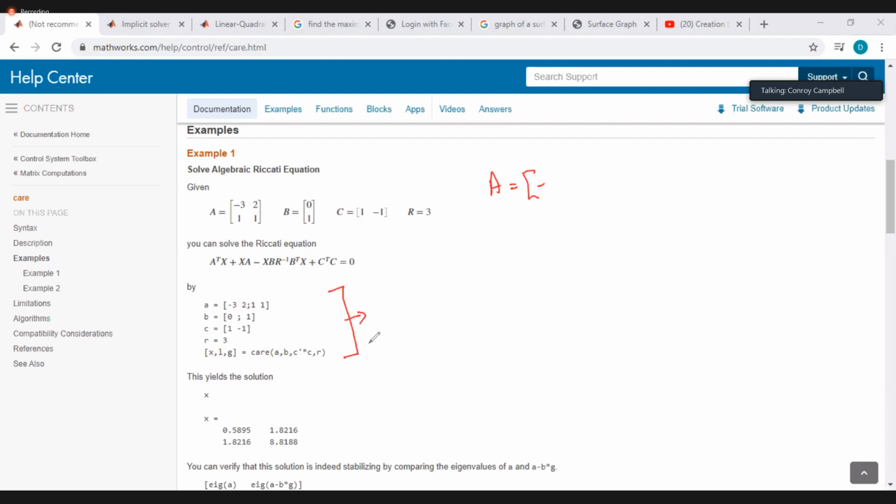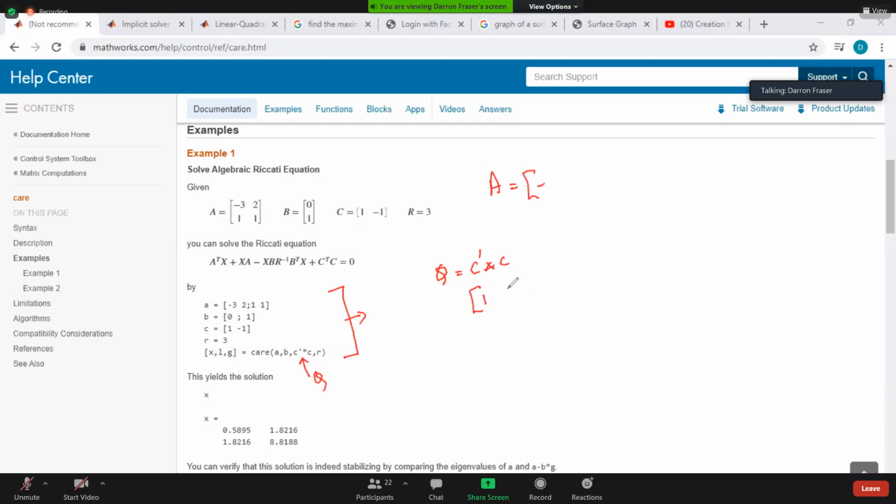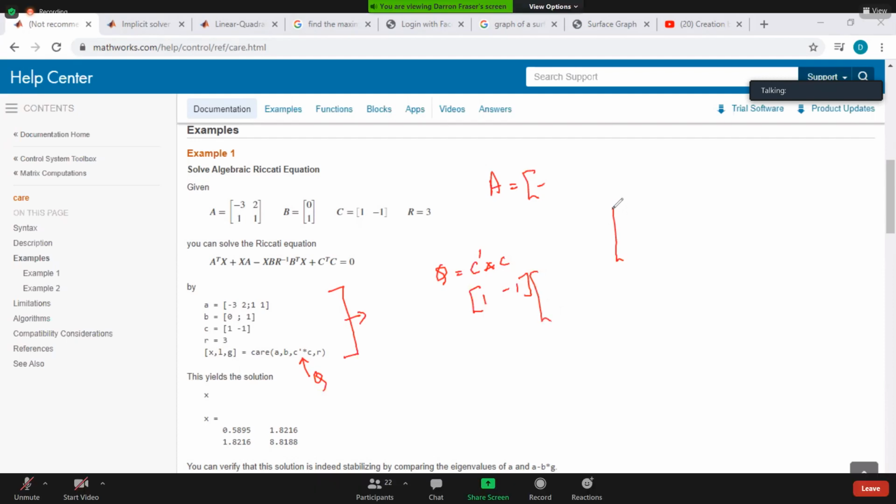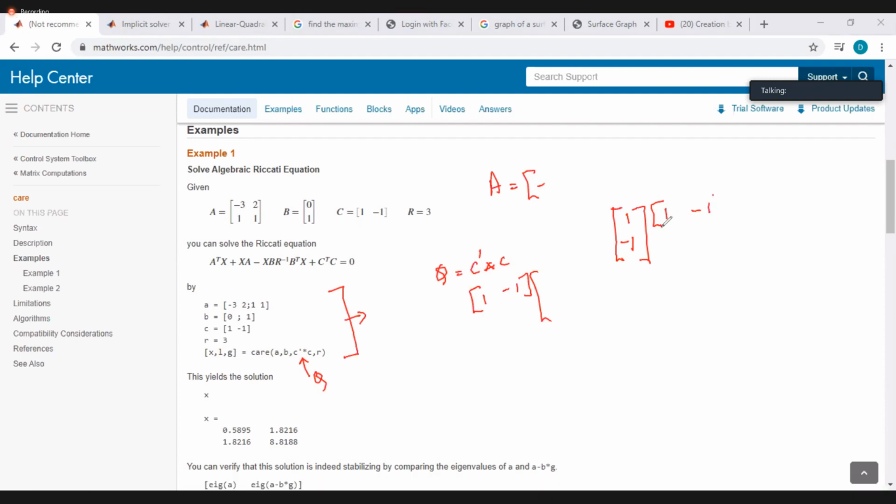All right, I'm going to write it. You can define Q before. You can define Q equal C transpose times C. Or let me work it out. 1, -1 times 1, -1.